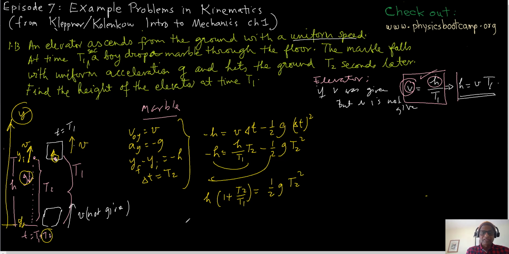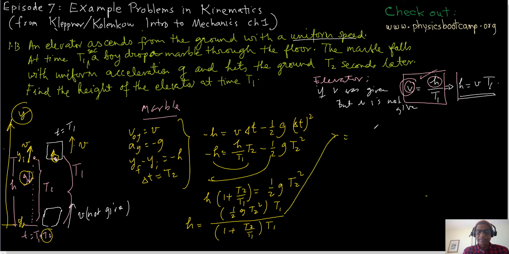And so now I can solve for h: half g t2 square over 1 plus t2 over t1. You can just multiply by t1 on both sides, and the answer can be written as half g t1 t2 square over t1 plus t2.